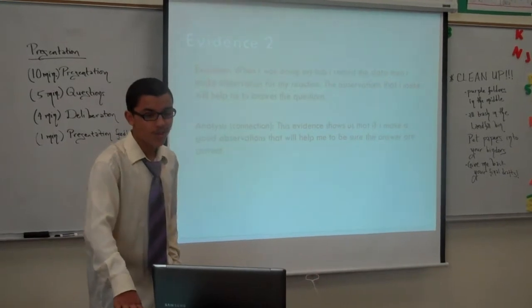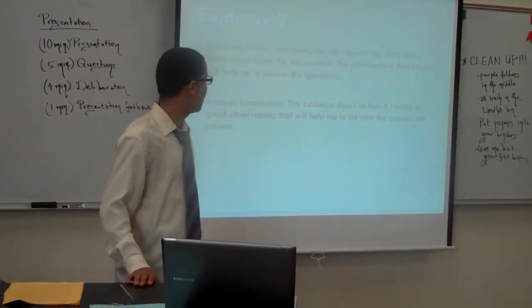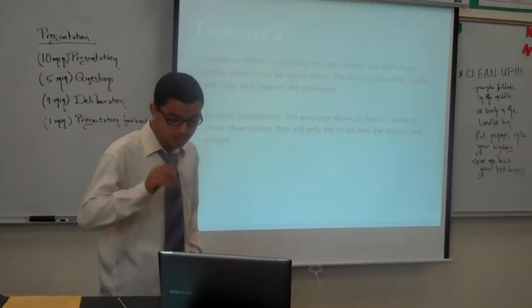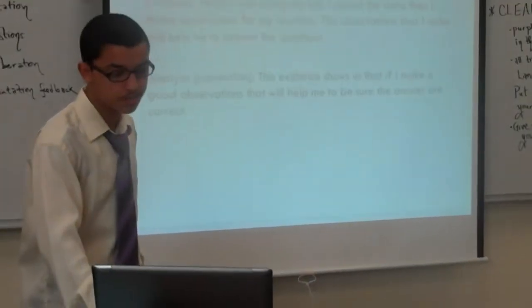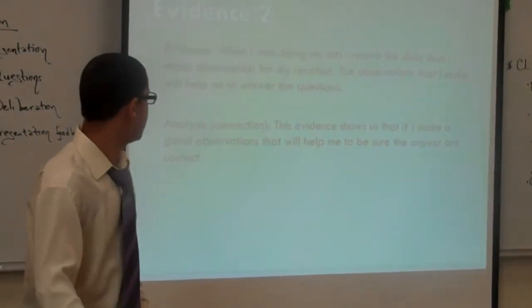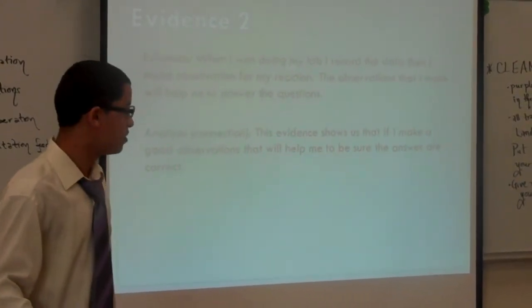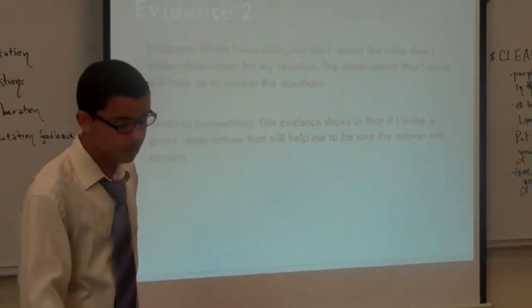Evidence 2. When I was doing my lab, I recorded the data, then I used the data to make observations. The observations that I made helped me answer the experimental question. This evidence shows that if I make good observations, I will easily answer the question.